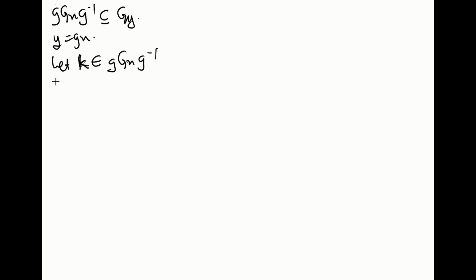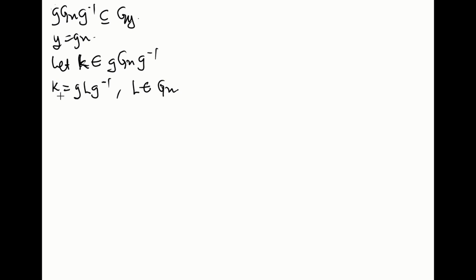Our k is going to be equal to some g, a stabilizer of x, so let that be l, of g inverse, where our l is in Gx, the stabilizer of x. So what does this mean? This means that k is already from G Gx G inverse.